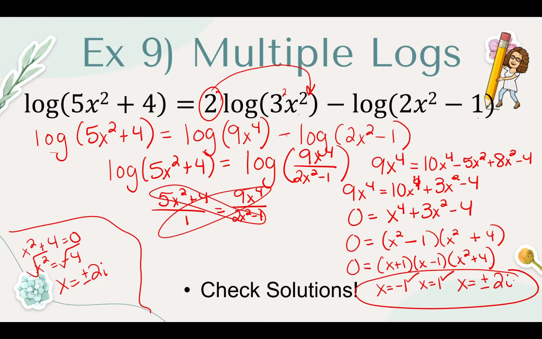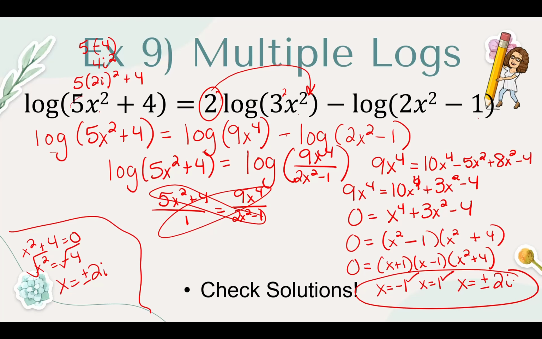Now you're probably thinking, Marsh, those i's cannot work. Okay, let's check it though. So if I plug in a positive 2i into this squared, I would get 2i squared, and if I did this, right, plus 4, I would get 4i squared. i squared is just a negative 1, right? So this is technically a negative 4 times 5. So this is a negative 20.